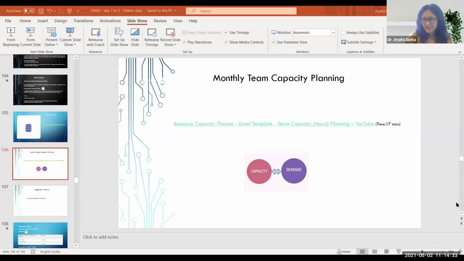Now, can anybody tell me why we might need this Excel sheet, this monthly team capacity planning sheet? How is it related to the training? Any thoughts?